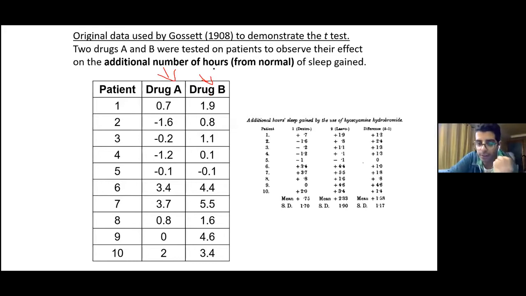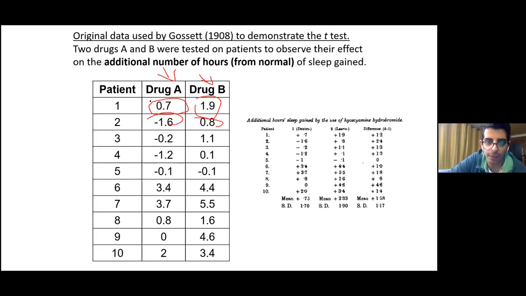I hope this makes sense to all of you. This is just convention. So here, for example, when patient 1 took drug A, he slept for around 0.7 hours more than 8 hours, okay? When he took drug B, he slept for around 2 hours more. Same thing with the other patients.